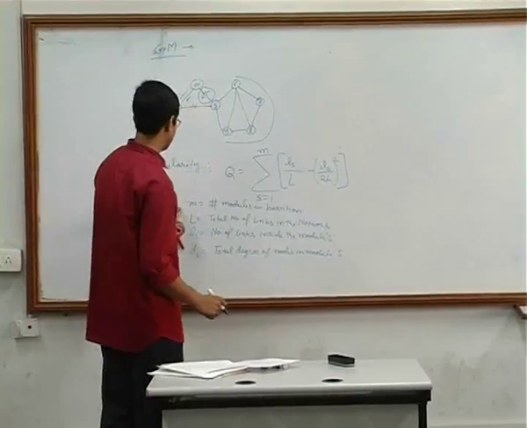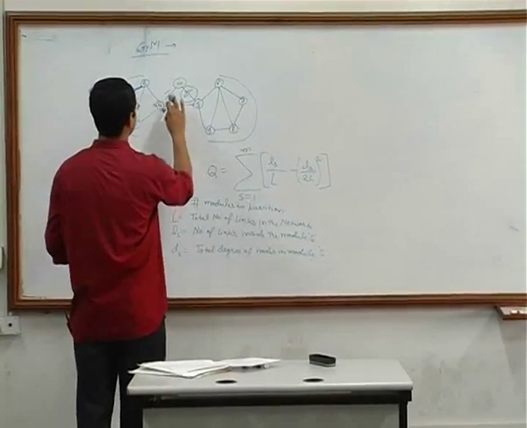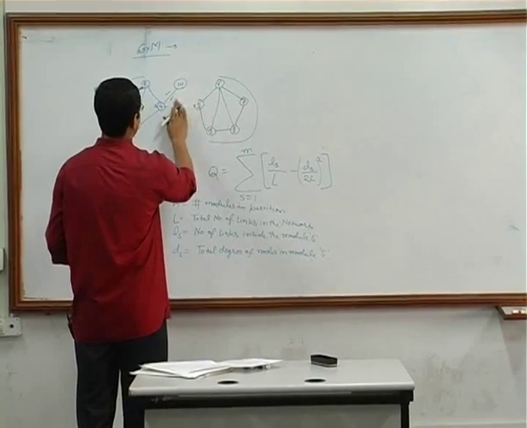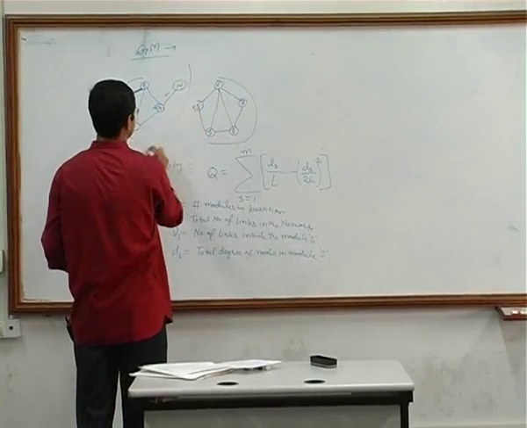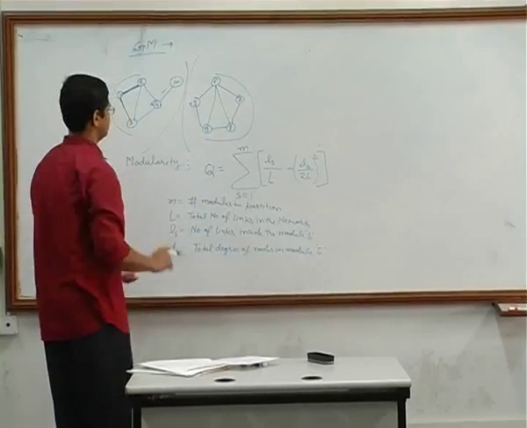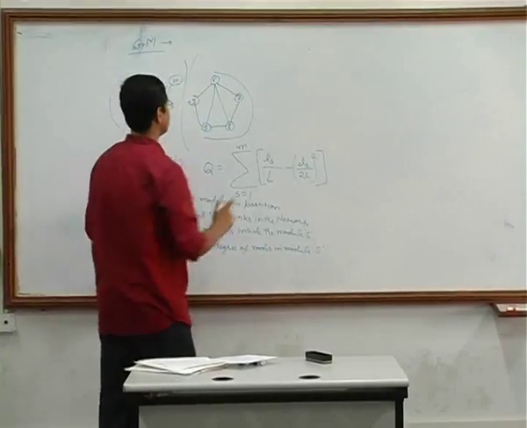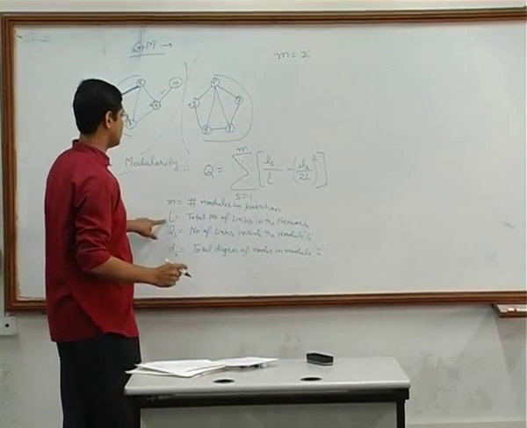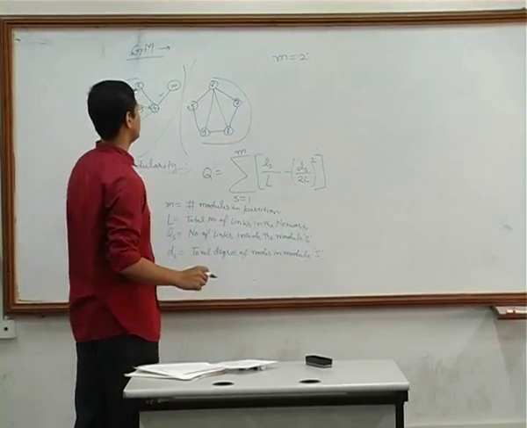Now we can calculate this. Suppose after removal of this edge and this edge, we have two communities, this and this. So in this case, the value of M will be 2. L is equal to the total number of links in the network.